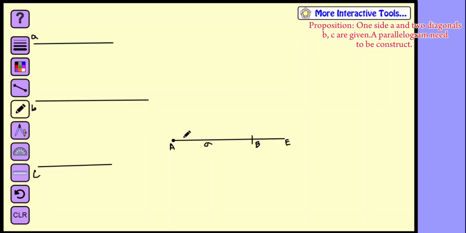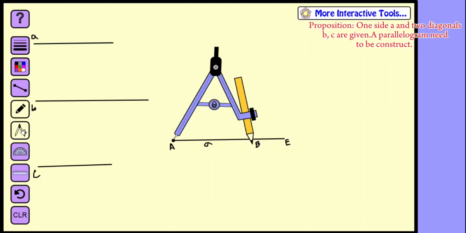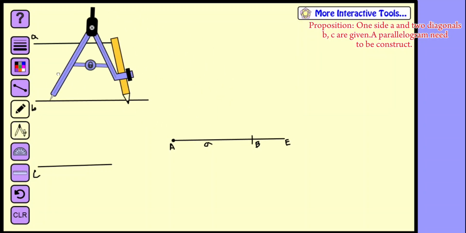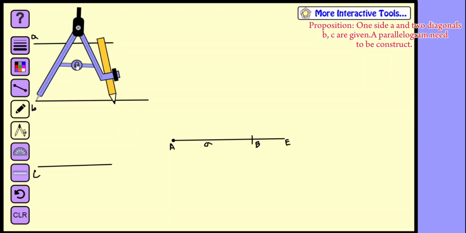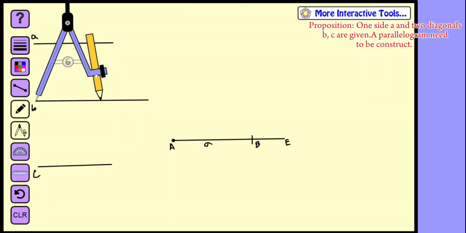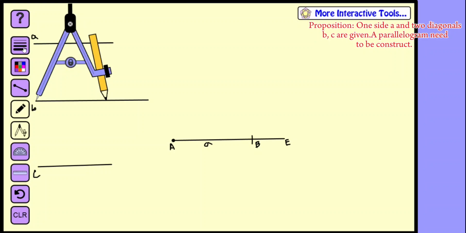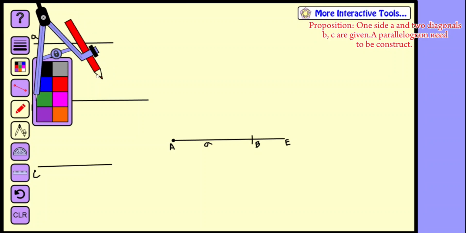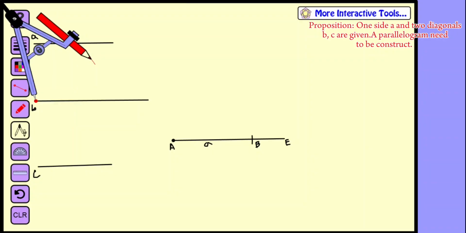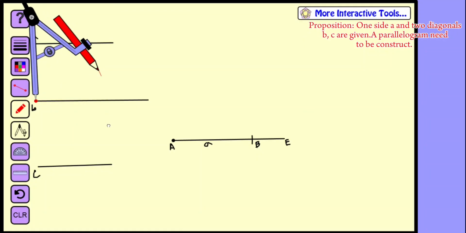For the next process you have to find the bisector of diagonal B and diagonal C. For that, taking a measurement of more than half of B, on both sides of B we will draw two arcs. This is the first arc on the upper side, and now we draw another arc on the lower side.